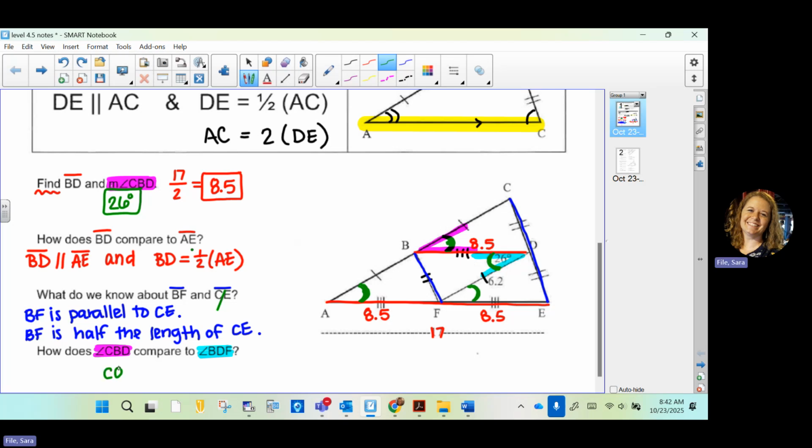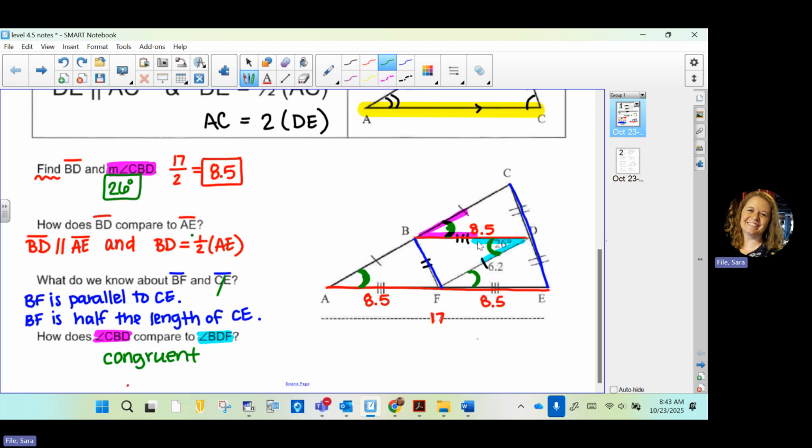That's what those green arcs were for. All of those angles with the green arc that I put, those are congruent to each other. So these are two of those. Now, if you want to get more specific and talk about why they're congruent, what I showed y'all, you could say they are alternate interior angles. Okay, that's the reason they're congruent.